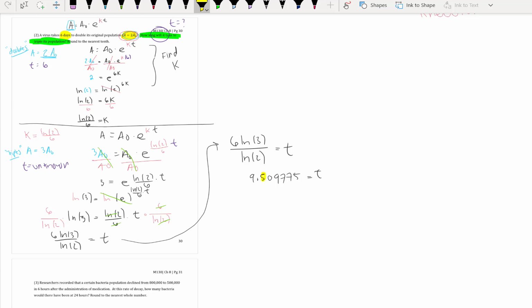So if I'm rounding to my nearest tenth, that's that 5 here. So this 0 tells us to leave it alone. So it would be 9.5. And this is in days. So in 9.5 days, it will triple.